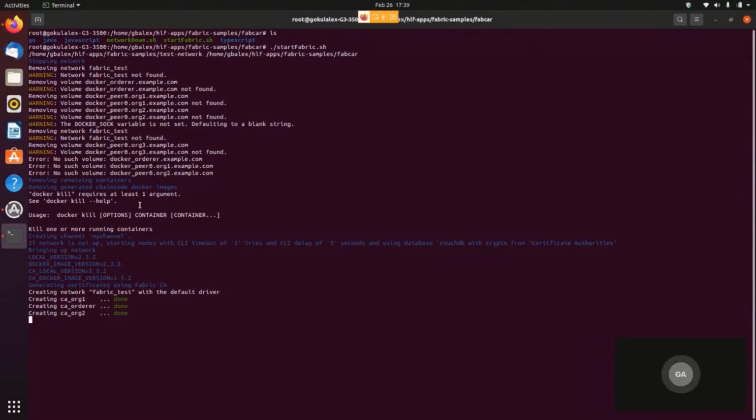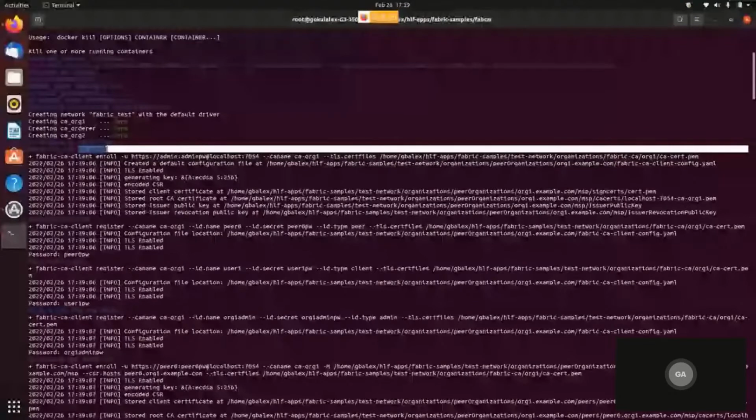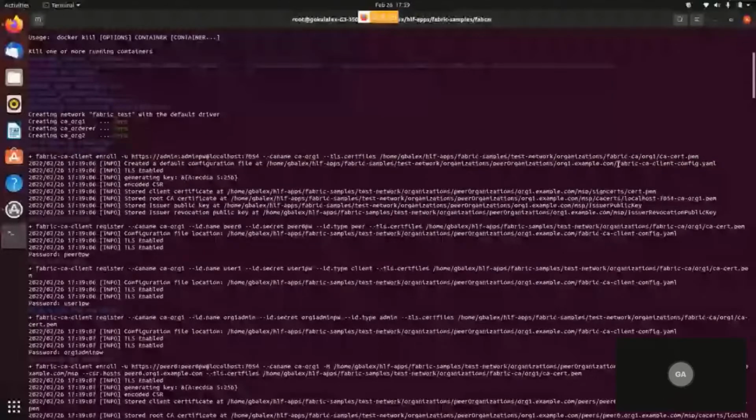Initially, it will create the identity, then it is enrolling the certificate authority admin. Okay, you have to look at, there is a config file for the certificate module, and this is the config file for the certificate client.